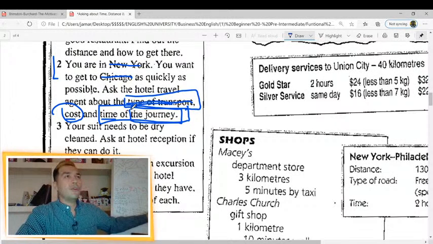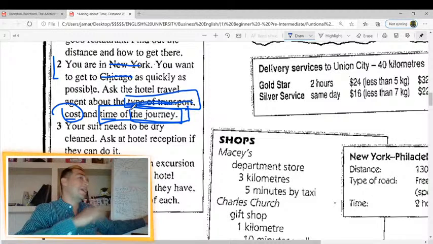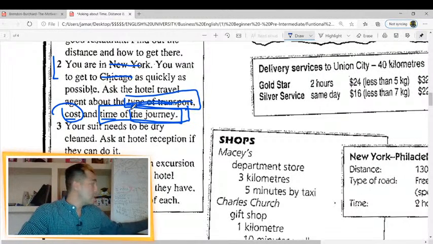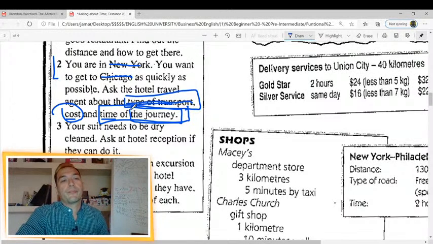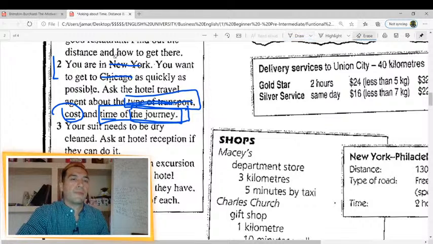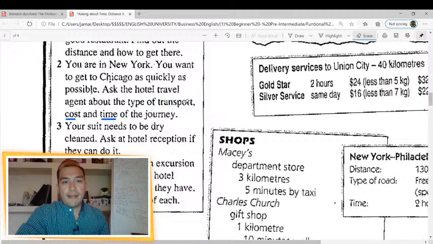Auxiliar, you said do or does? Does. The journey. How long does the journey? Now we need the verb. Take. Good. Can you read the complete question? How long does the journey take? Fantastic.